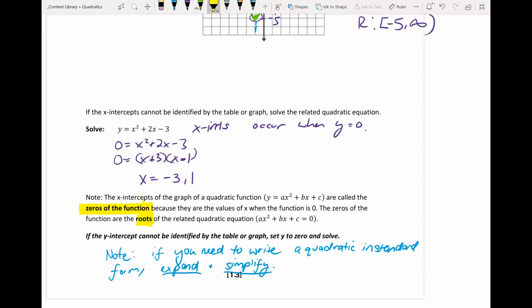If you can't find the y-intercept, then you're going to set x to 0 and solve for it instead. So if you're looking for the x-intercepts, you set y to 0. If the y-intercept can't be identified, you need to set, sorry, this is a typo, you need to set x equal to 0 and solve for it.